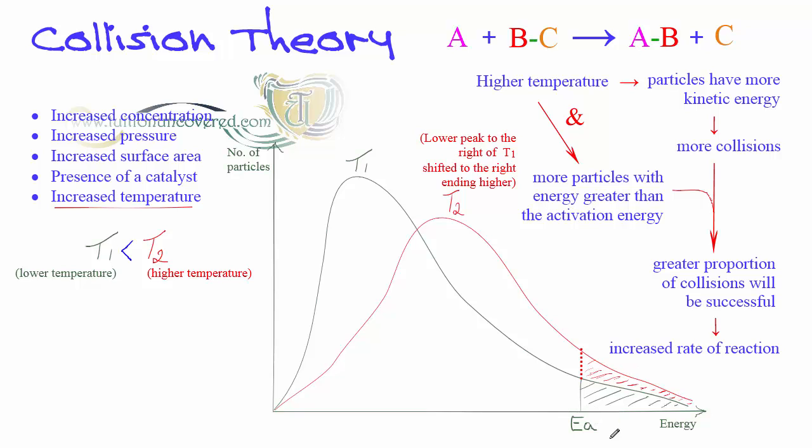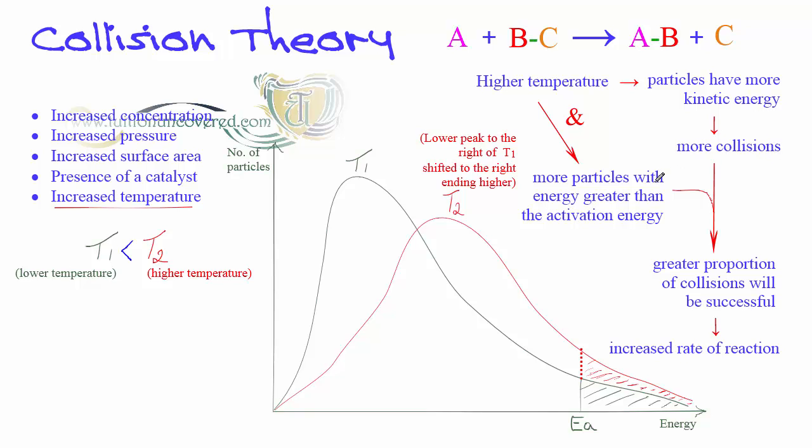So the activation energy hasn't changed, but at a higher temperature T2, more particles of energy greater than the activation energy. So at a higher temperature, more particles with energy greater than the activation energy, but also particles generally have more kinetic energy, so there are more collisions as well.